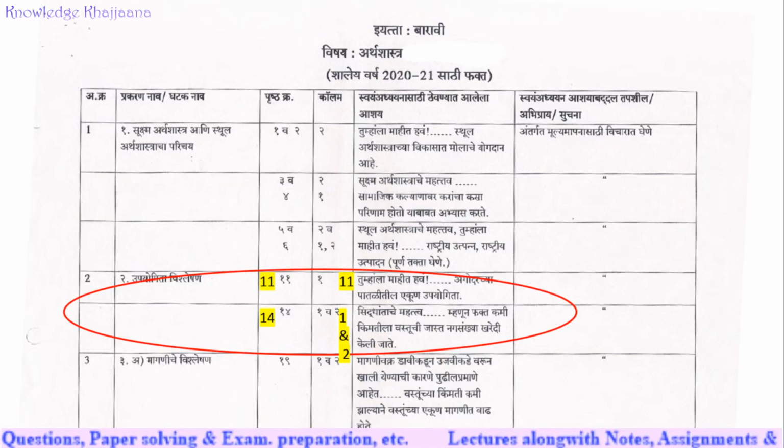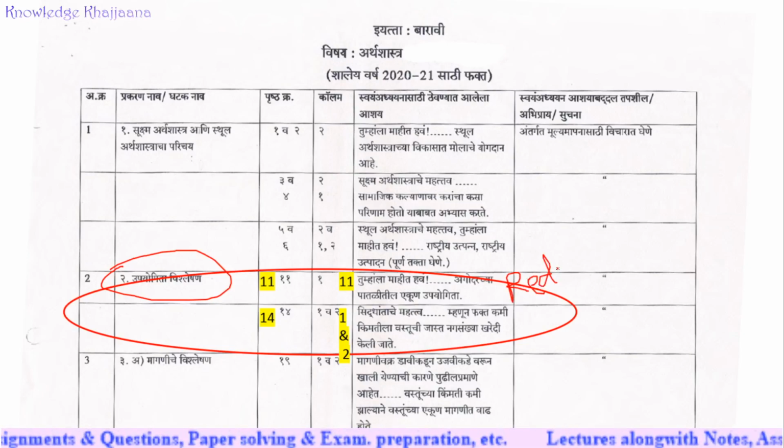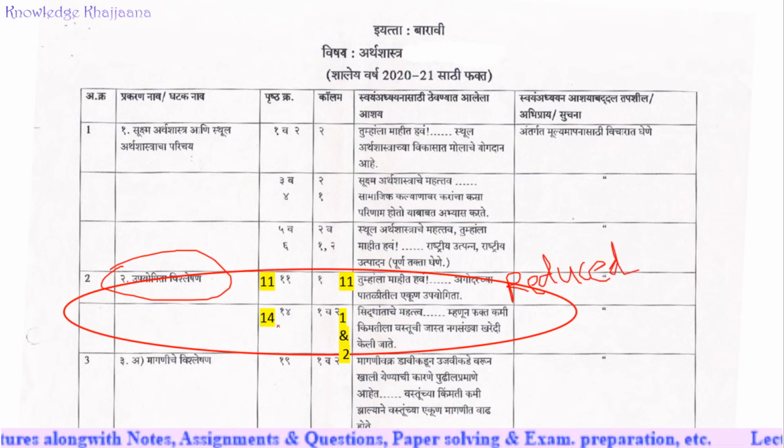But before that I would like to show you the press note which has come from the Maharashtra board regarding reduction of the 25% syllabus. According to that, in lesson number 2, utility analysis, column number 1 from page number 11 has been reduced as per the new policy of reduction of 25% syllabus, as well as column number 1 and 2 from page number 14.